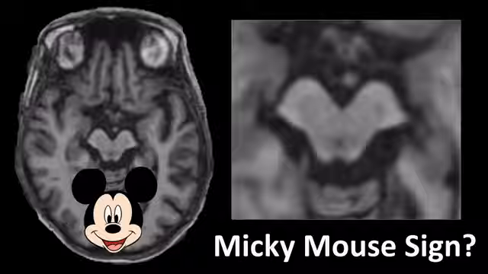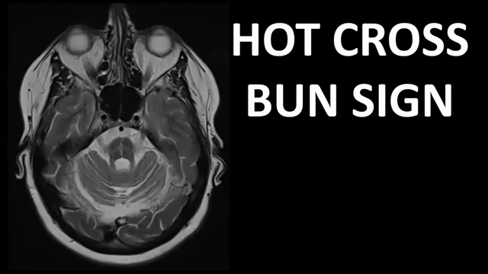So don't use it. It's overrated. It's so subjective that it is completely useless. Another sign often described in the literature is the morning glory sign. Also, that sign I find very difficult to use, so difficult that I decided not to even discuss it.